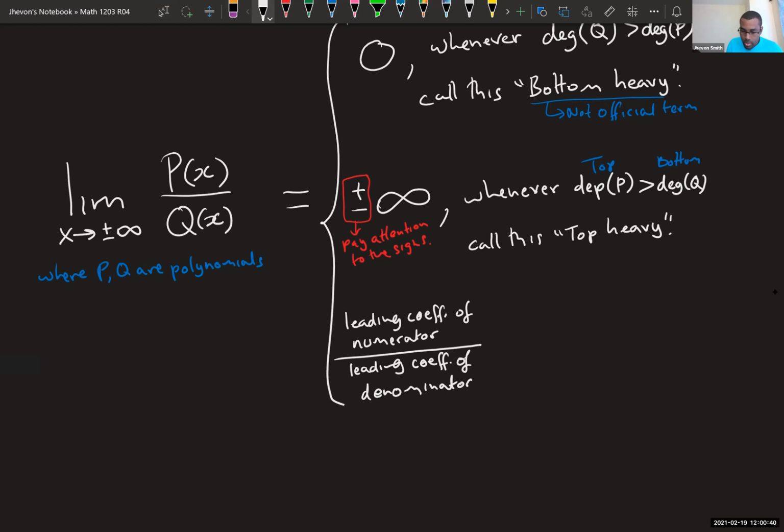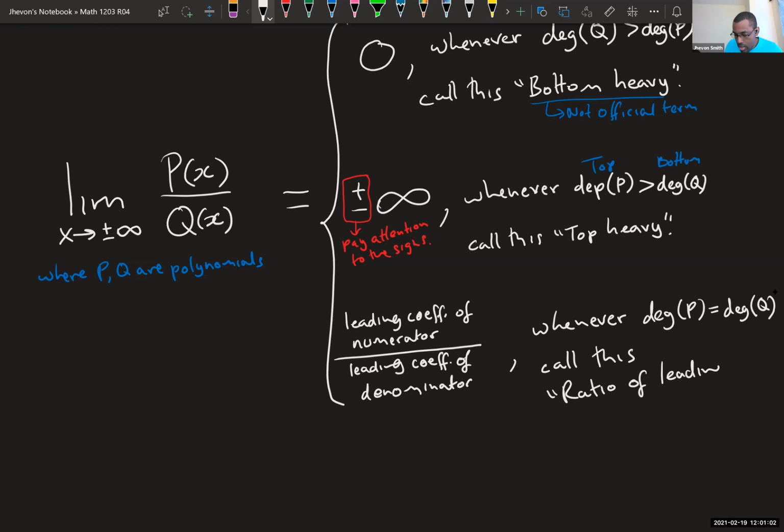Okay. And this happens whenever the powers are equal. Degree of P equals Q. That's the only other case we haven't looked at, right? And this, you can call a ratio of leading coefficients. Okay. And this is what happened.